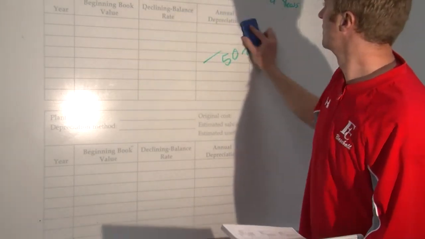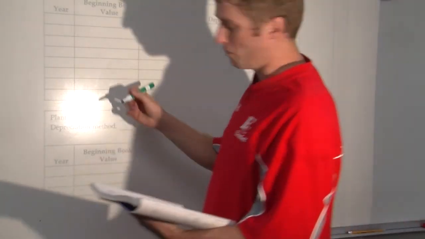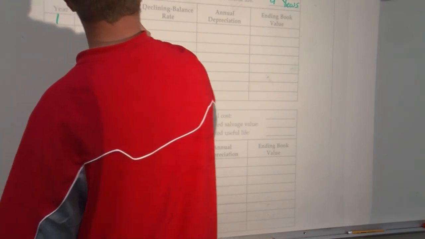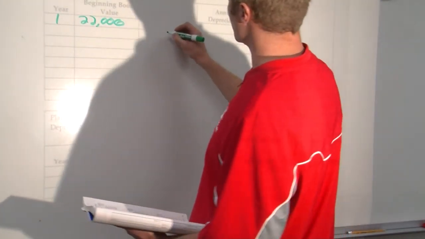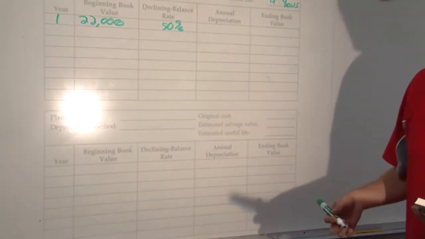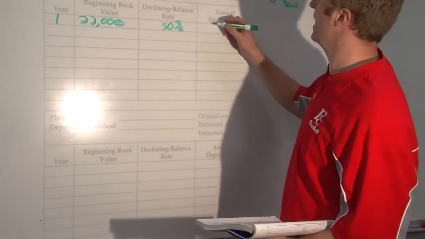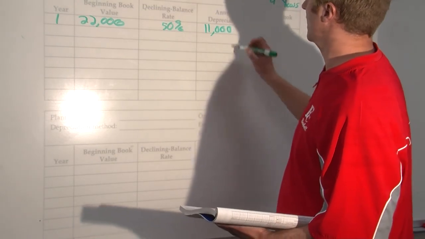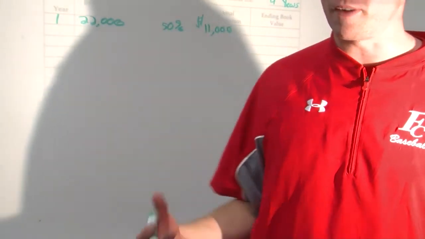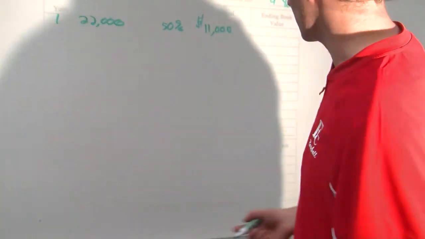Okay, so year 1, the beginning book value was $22,000. Our double declining rate was 50%. Our annual depreciation should be simple math. Don't need a calculator. It is $11,000. Again, this just allows you to write more off on taxes. That's why you use a double declining method.